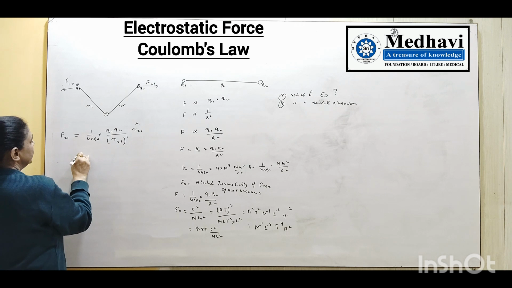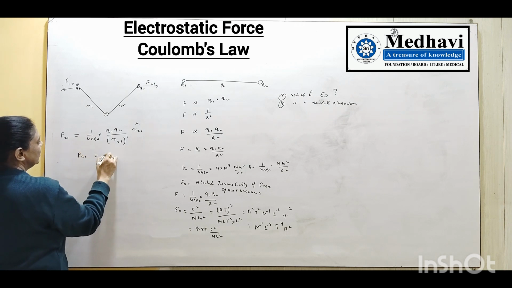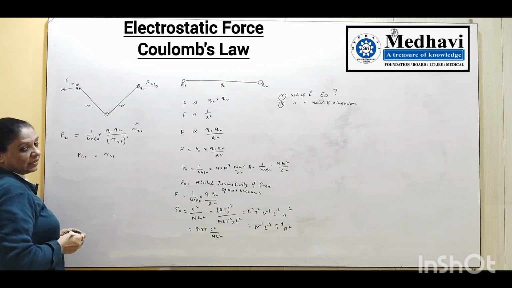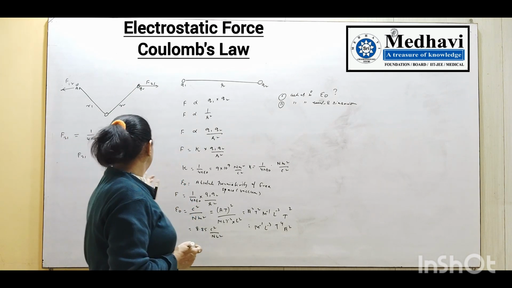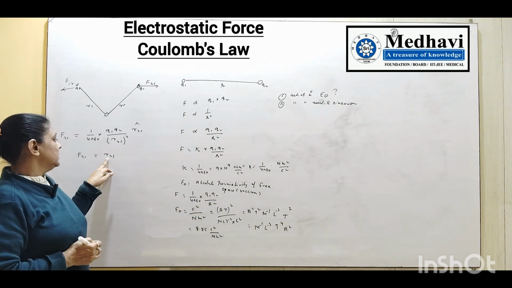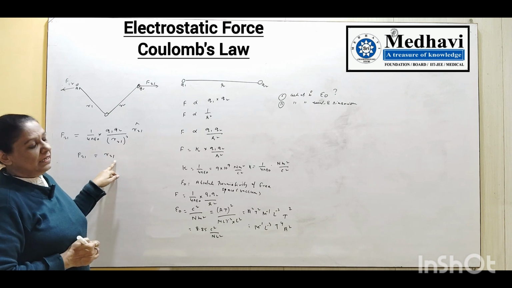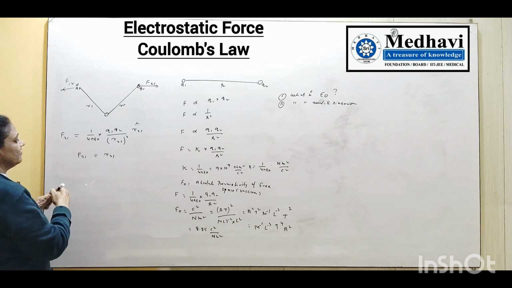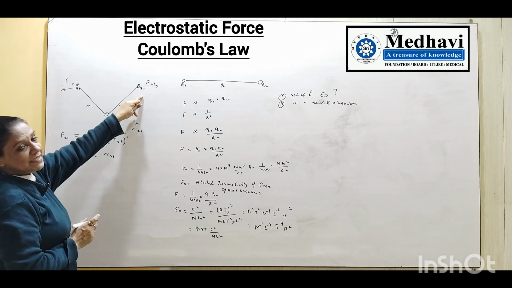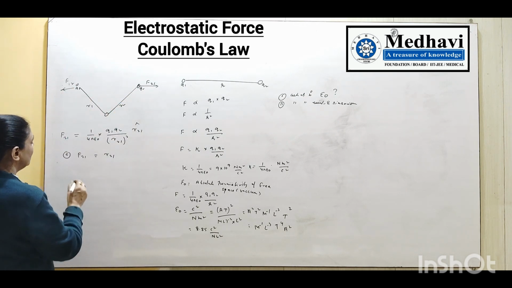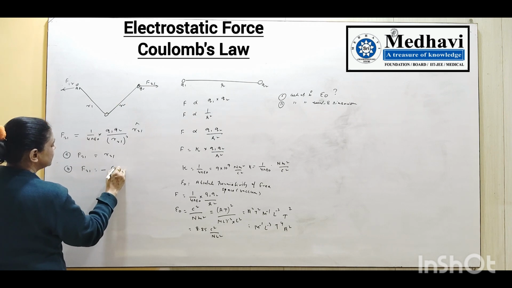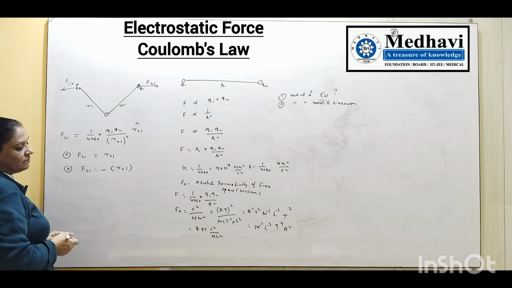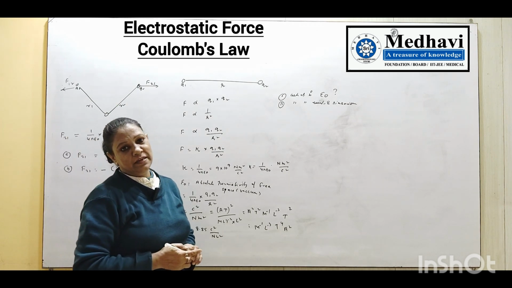So the direction of force is equal to the direction of the distance between the second and first charge. If one is positive and one is negative, then there will be a force of attraction. So here we can say F21 is equal to minus; the direction of force will be opposite to the direction of distance.